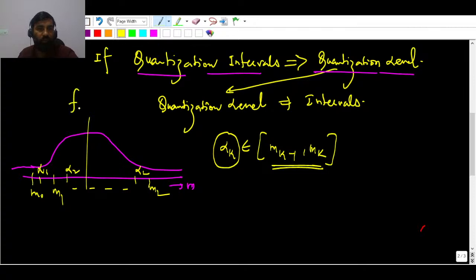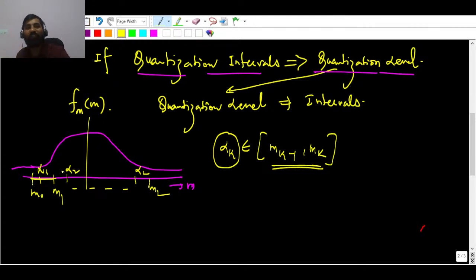Suppose this is your m, this is the density function, and you have to choose the quantization intervals, then go for the quantization level. See, in case of a uniform quantizer, we always choose the quantization level in the mid of the boundaries, right? But in this case, we cannot choose it in the mid of the boundary. There will be one interval, and anywhere in the interval we can choose the quantization level.